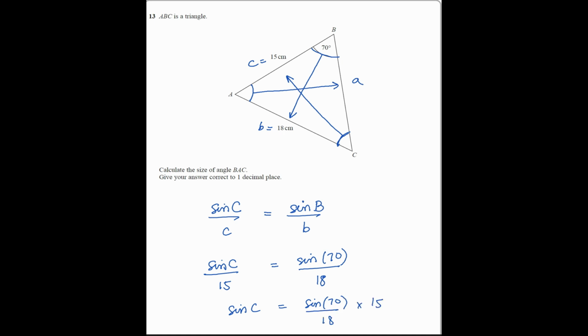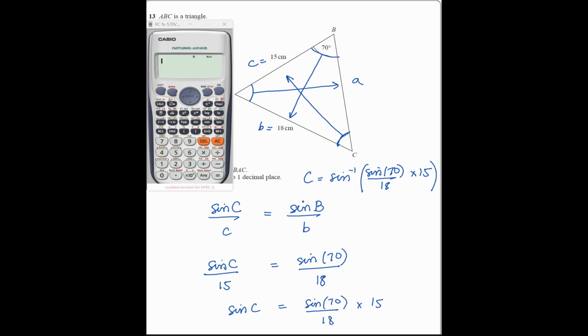Okay, now we can do our last step. C equals sine inverse of sine 70 over 18 multiplied by 15. Close the bracket. Now we have to find the value of C by doing this calculation in the calculator.